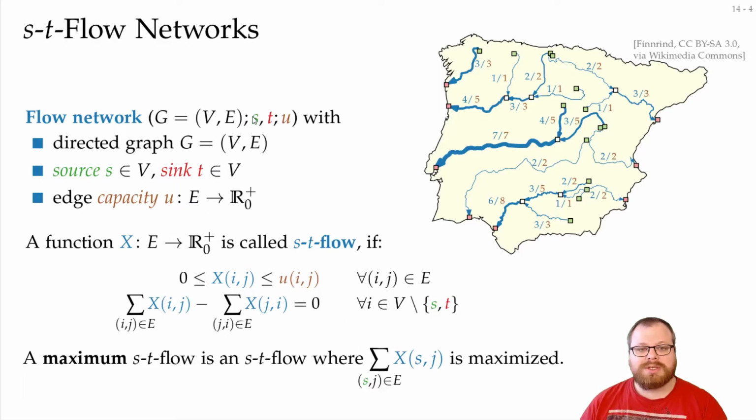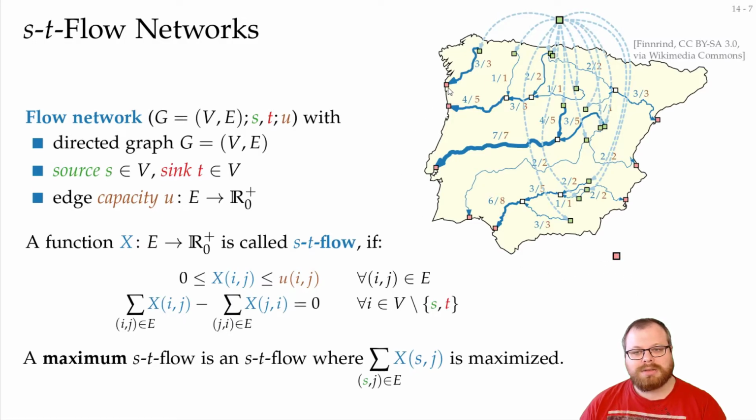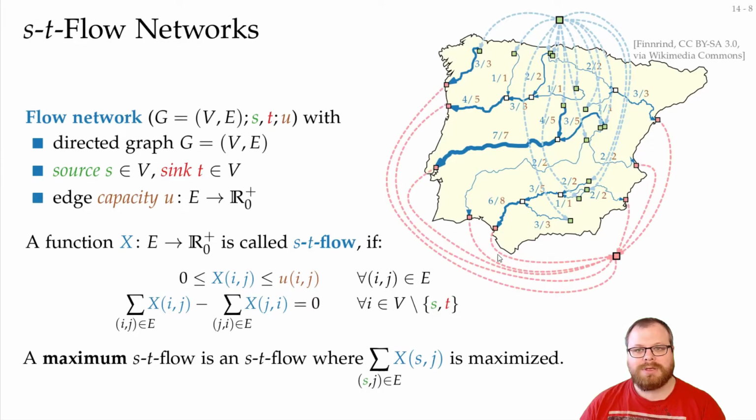And restricting to a single source and a single sink is not a problem. We can easily take this network with many sources and sinks and transform it. For that, we simply add a super source here and connect it to all the sources that we have. And then we add a super sink here and get incoming edges from all the sinks that we had.